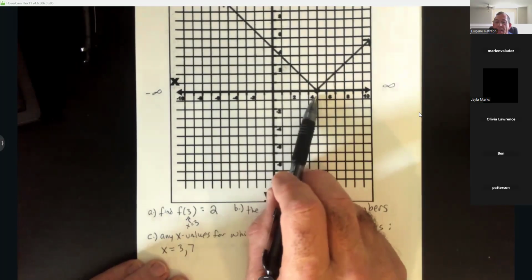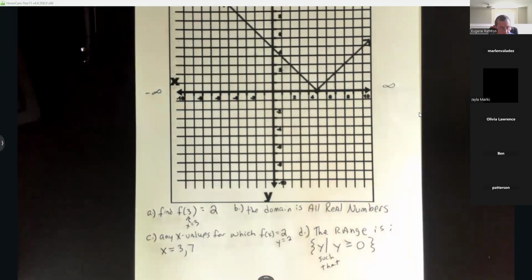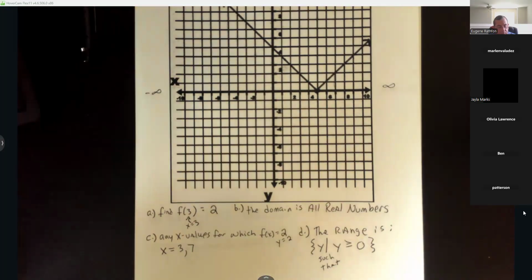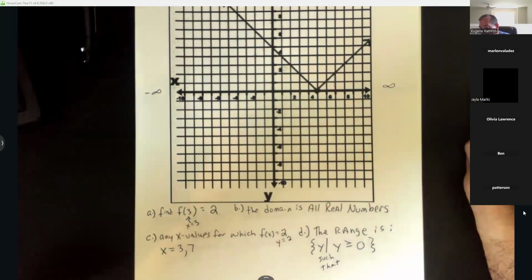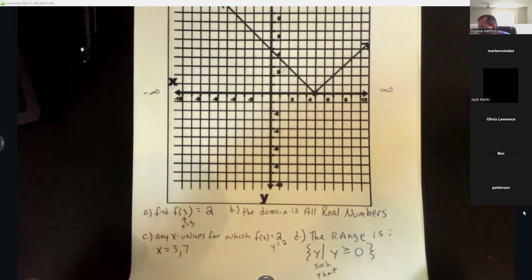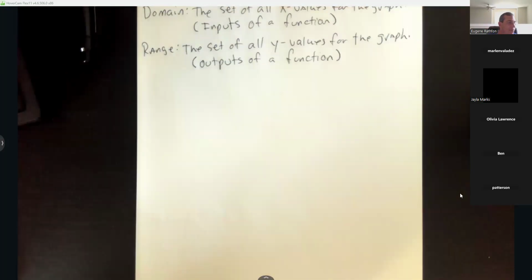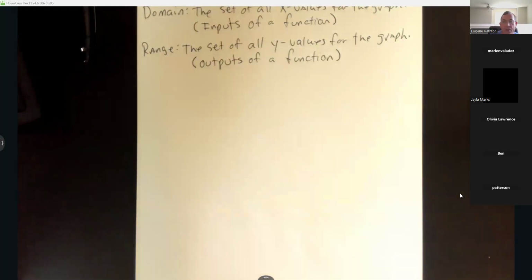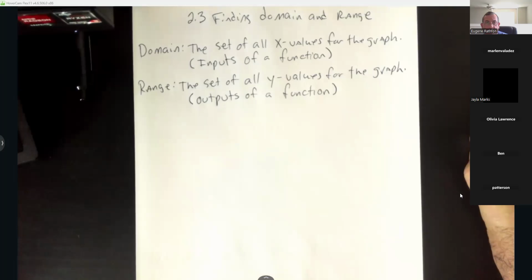But it cannot include any negative y values. So y'all, that's looking at a graph and finding your domain and range. So now what we want to do is look at functions. How to find the domain and range of a function, okay?